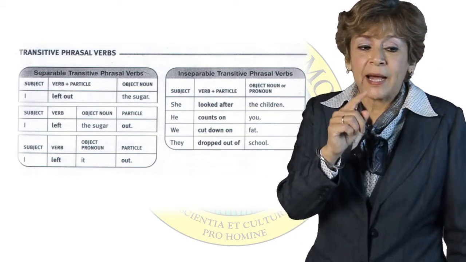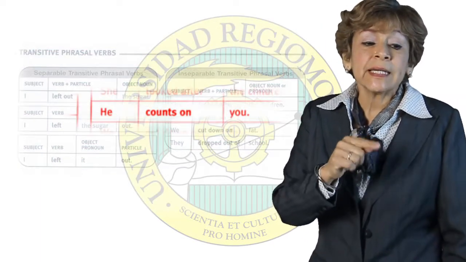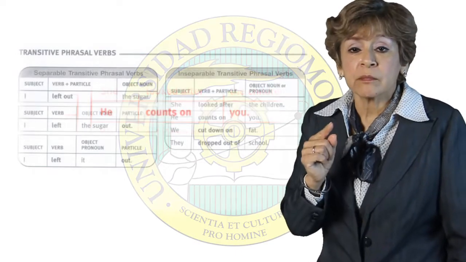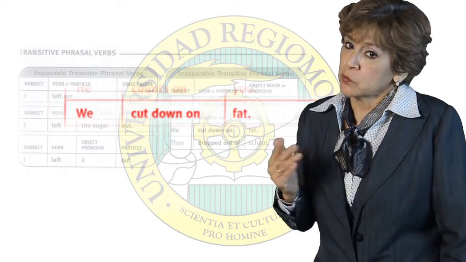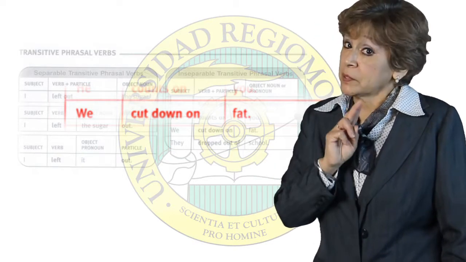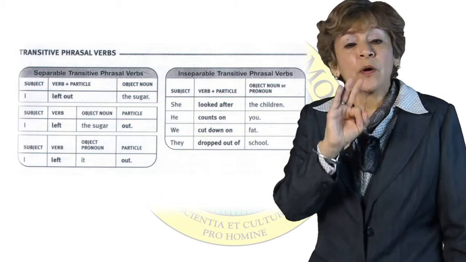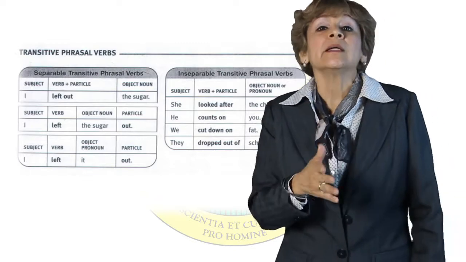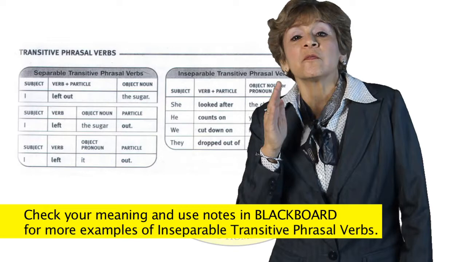So, look after is like raise. Another is he counts on you. Count on. We cut down on fat because we are on a diet, okay? So keep healthy. And then cut down on is a three-word phrasal verb. So up to now, we are covering these inseparable transitive phrasal verbs.